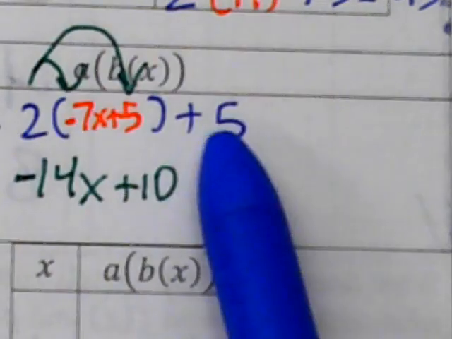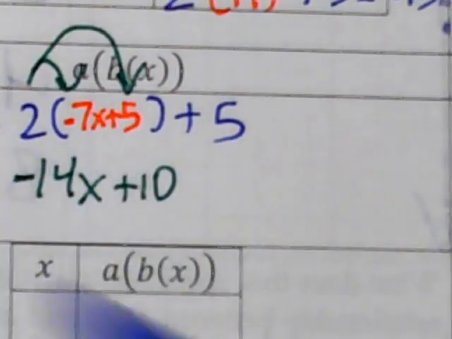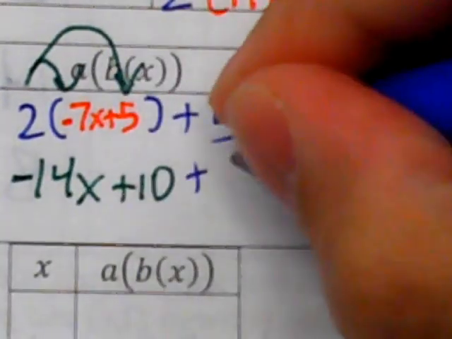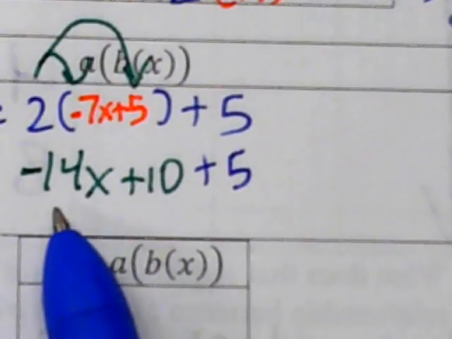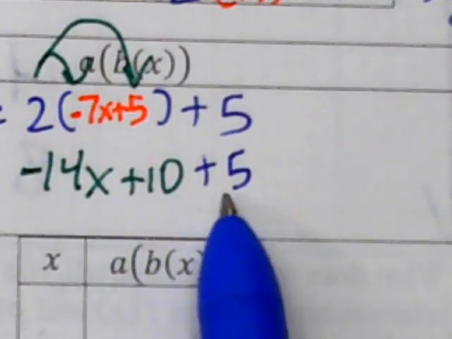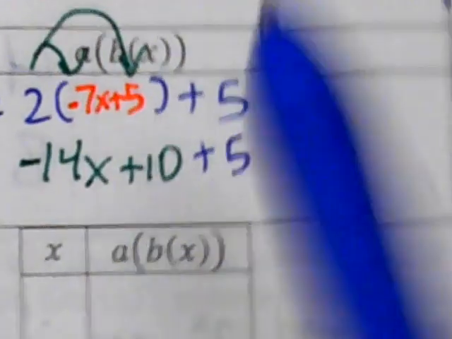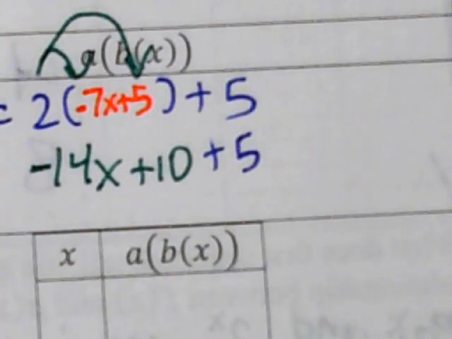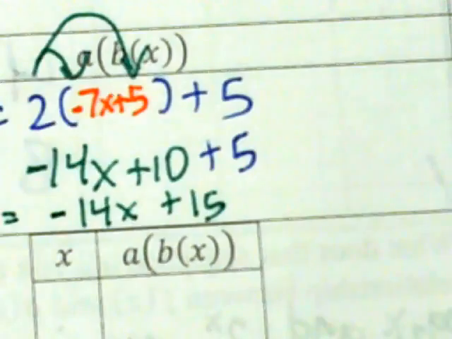Then you combine plus 10 and another plus 5, which gives plus 15. So according to this, we can do the composition a of b of x by instead doing negative 14x plus 15.